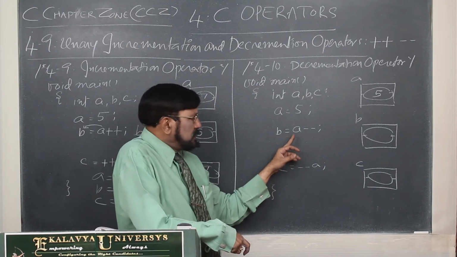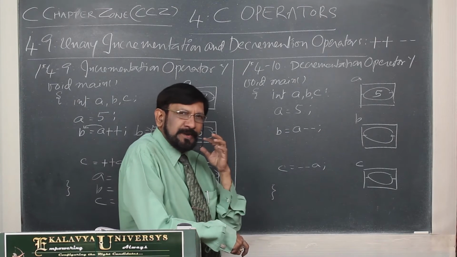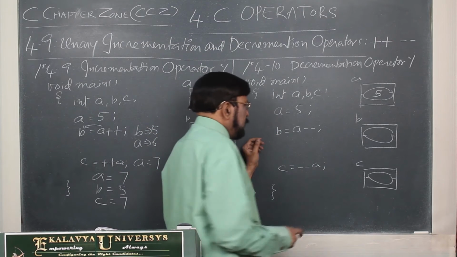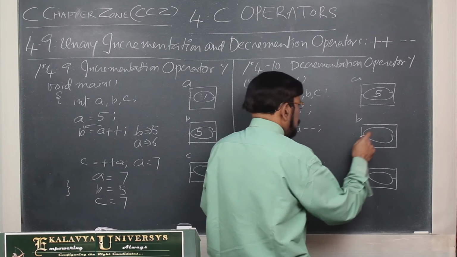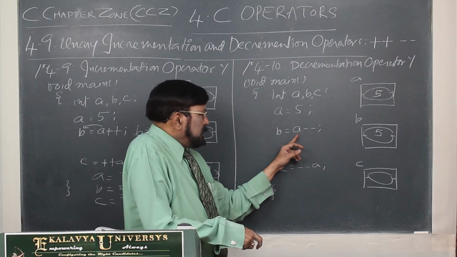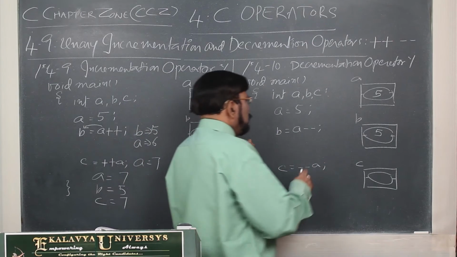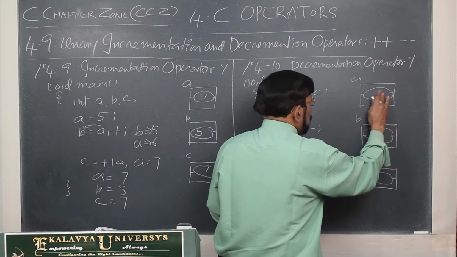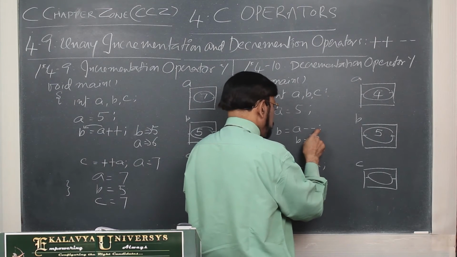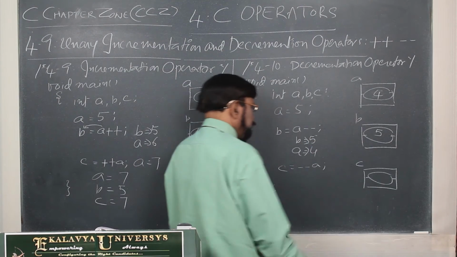Now B is equal to A minus minus. Post decrementation. First, A is assigned to B. As a result of that, B is 5. Thereafter, A minus minus, A minus 1 happens thereafter. So that is 4. Then B is equal to 5. Now you write a printf statement, A is equal to 4.